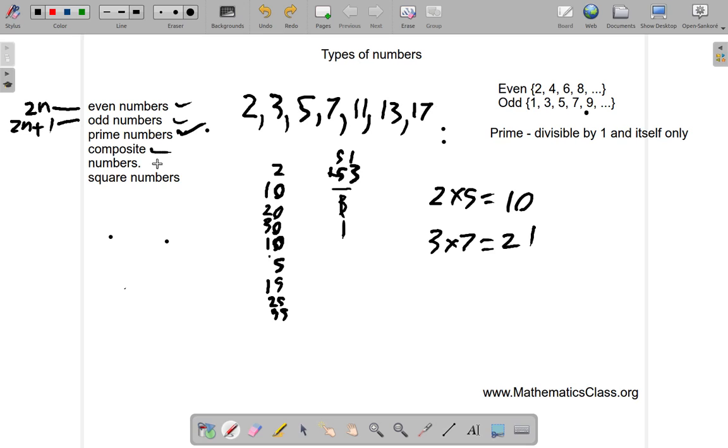Then we have the square numbers. Alright? Suppose, for example, when dealing with square numbers, let me just make some space here.